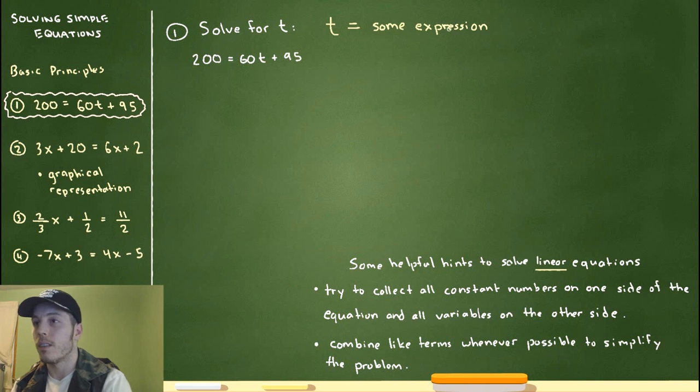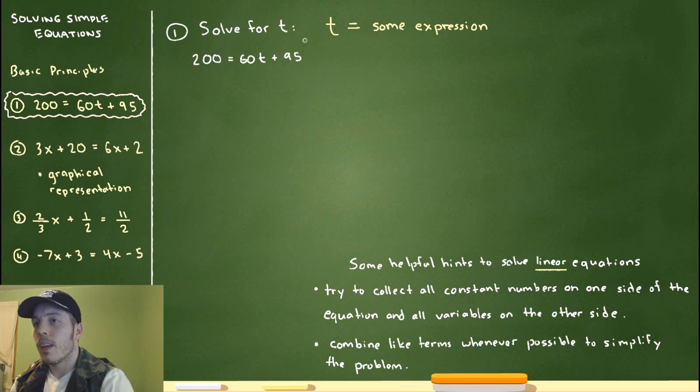If there's some application, of course, we're going to care what the expression is, but devoid of any applications here, t is equal to some expression. That's all we care about when we're saying solve for t. So this is going to be the lone t. There can't be any t's over here on the right side in this expression. Our single t is going to be isolated on one side of the equation.